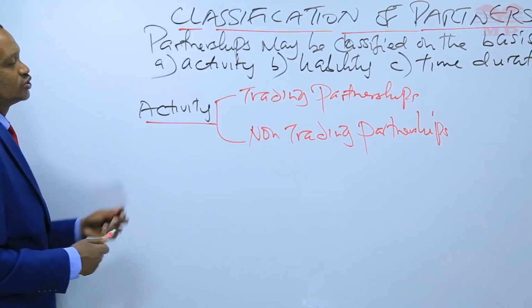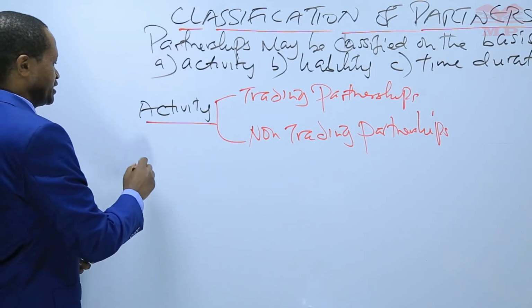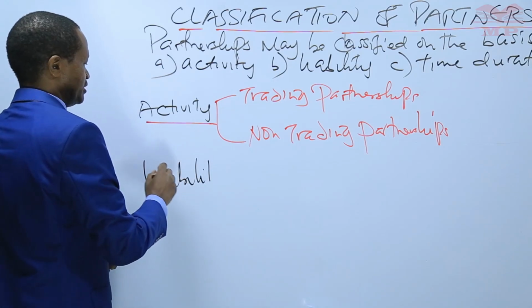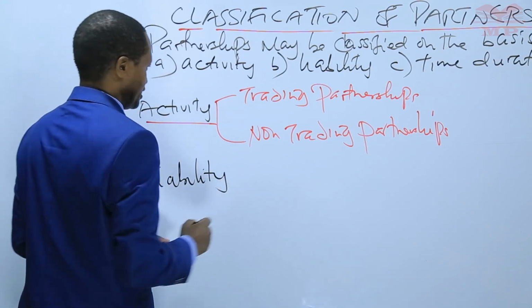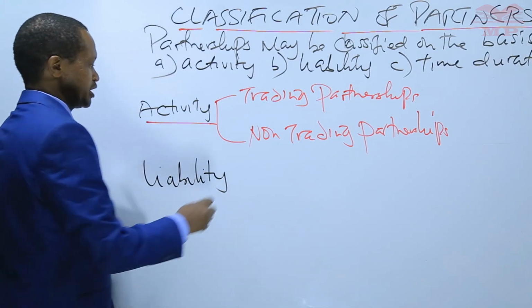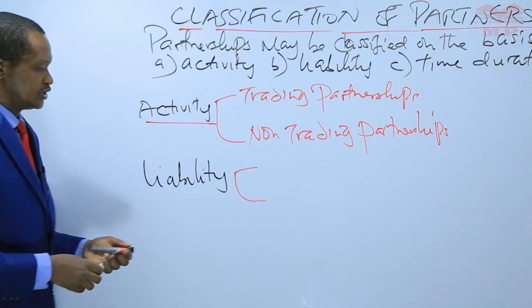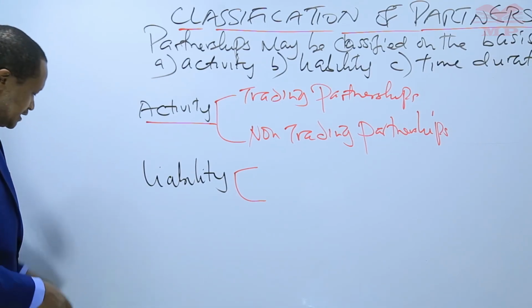Then we can move on to liability. Classification based on liability. Under liability, again, there are two categories of partnerships.